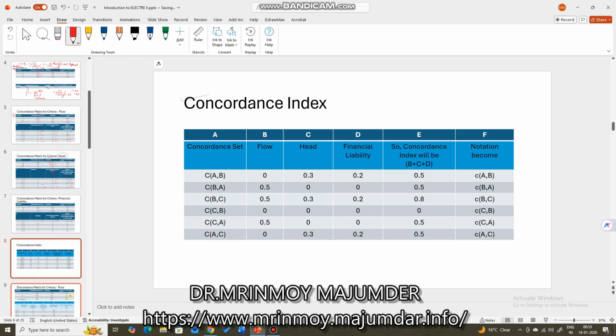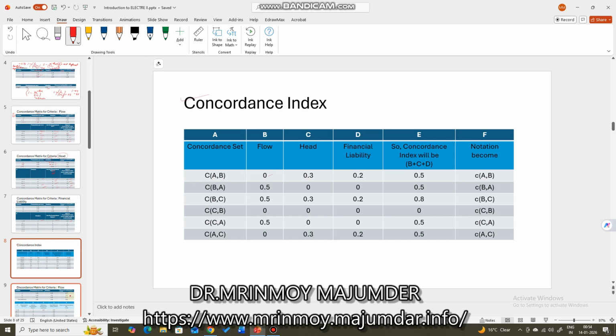So accordingly, you see for flow, the comparison A greater than B doesn't stand, but it is valid for head and financial liability. So that is why, although the weightage of the criteria of flow is 0.5, I have written 0, because A doesn't outrank, or is not greater than, B for flow.